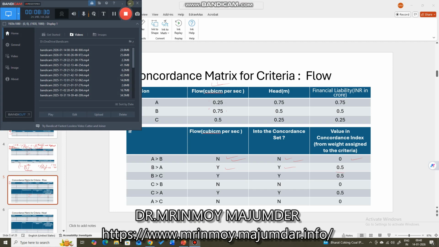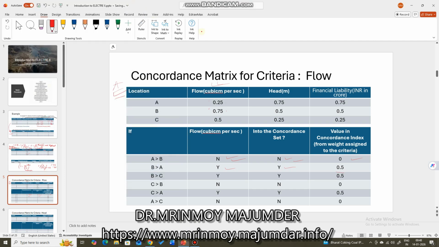Now, let us go to the next. Is B greater than C? Certainly, B is 0.75, C is 0.5. I am comparing for the criterion flow, and so the answer is yes. So it gets into the concordance set also, and the value of the criterion also gets the membership and starts to constitute the concordance index.